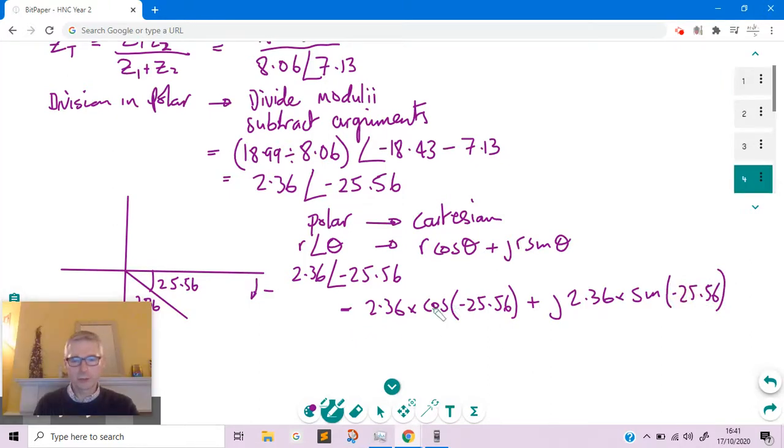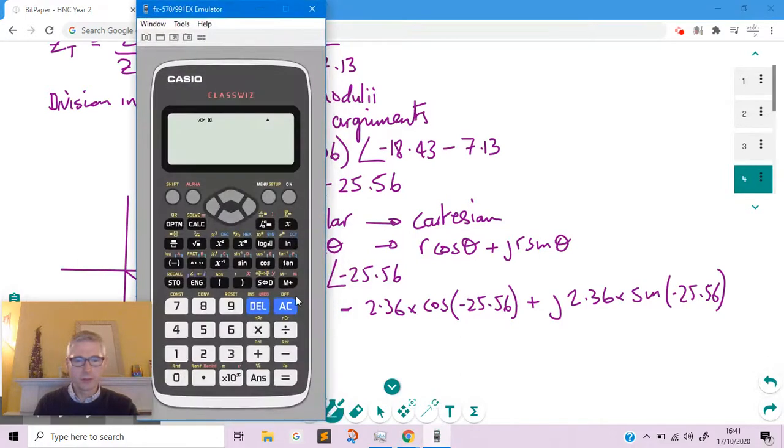So we now need to put all this into the calculator. So for the real part, it's 2.36 times cosine minus 25.56. So 2.129, so I'm going to call that 2.13.